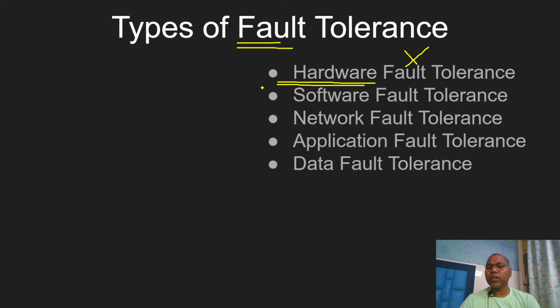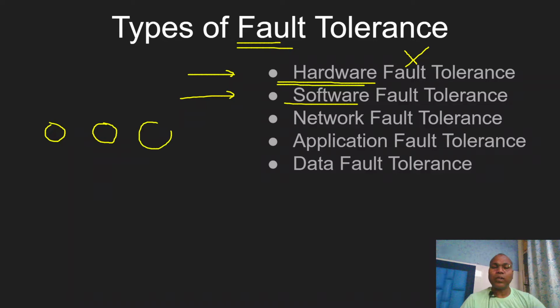Then there can be some kind of software fault also, in whatever way you build the application running on the software, maybe you have a logical problem. Similarly, because your multiple hardware components are connected to each other through networking, the network may have a problem: not routing calls properly, network overuse, or high network bandwidth.